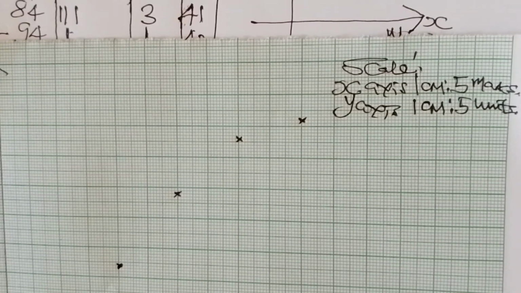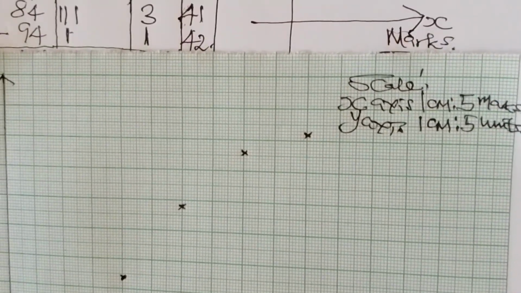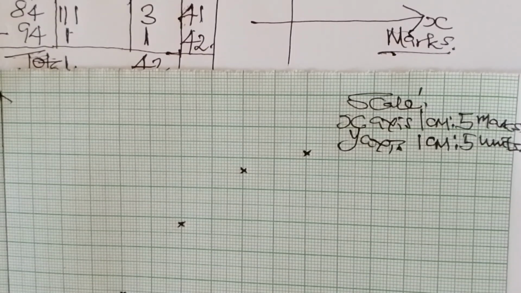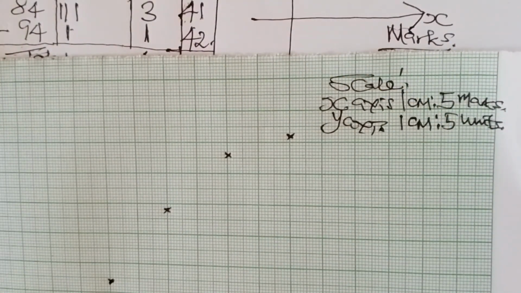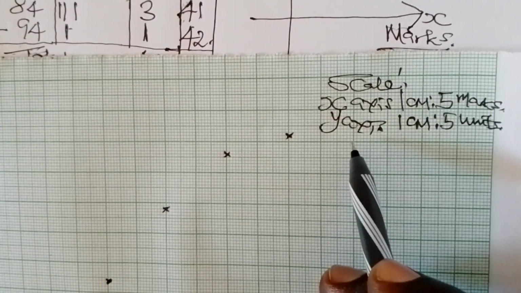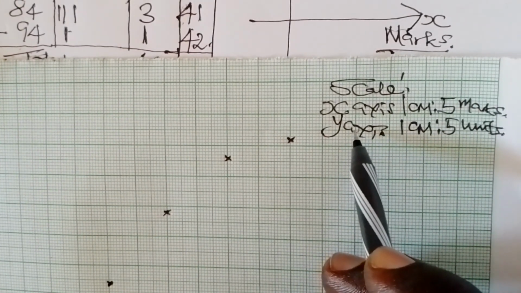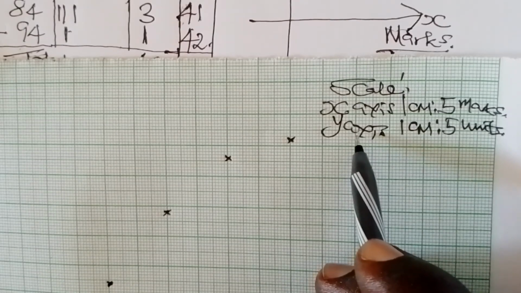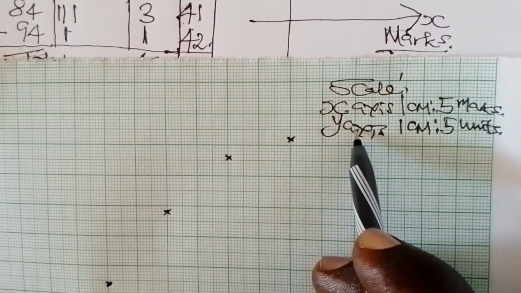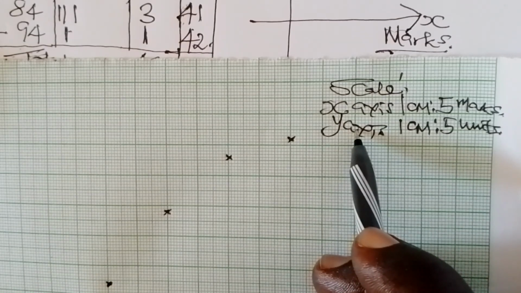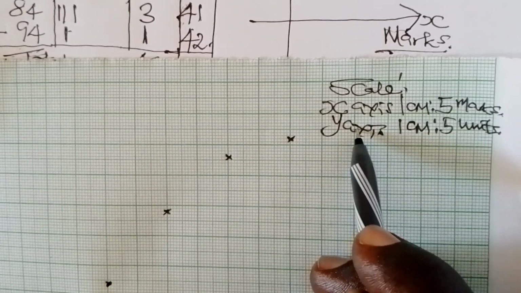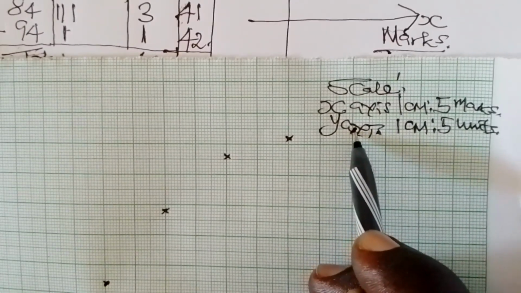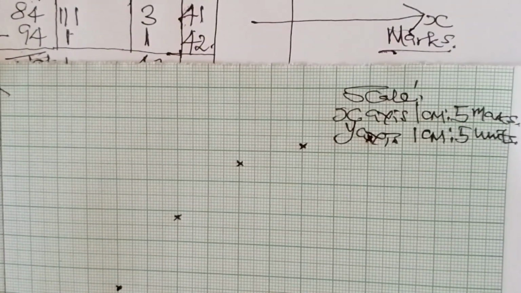And then at 94.5, we're going to plot 42. 42 will be at 4 squares above 40, just 1 square below 42.5. So 4 squares just up there.